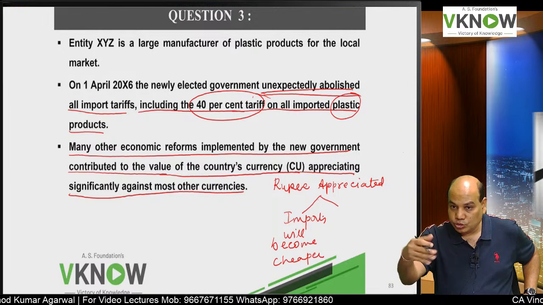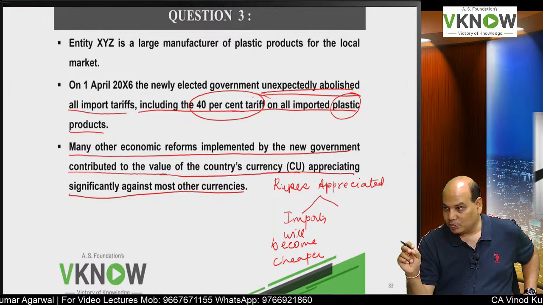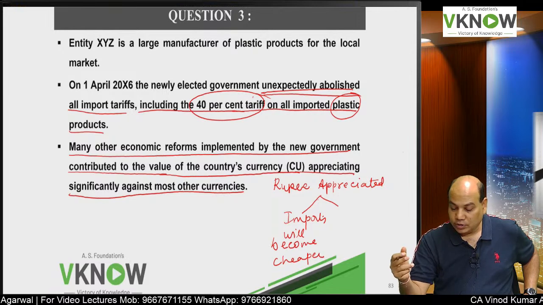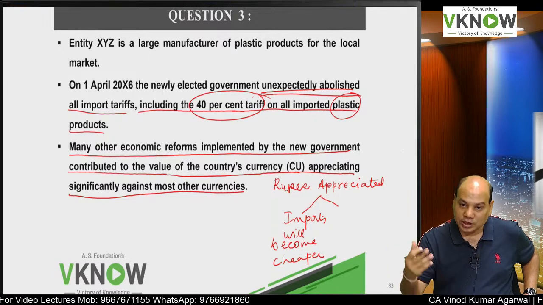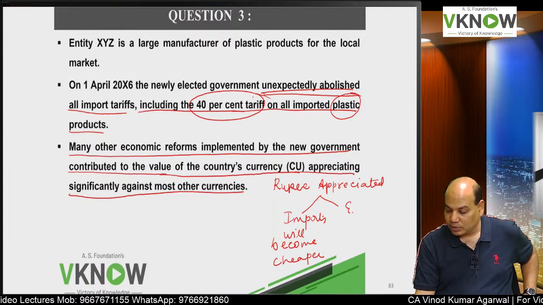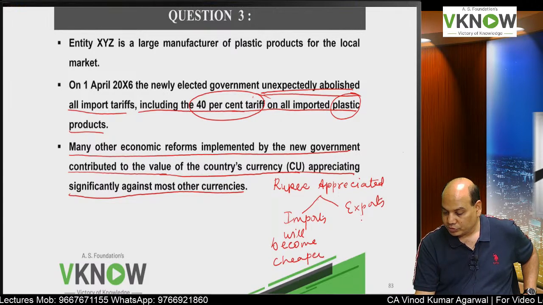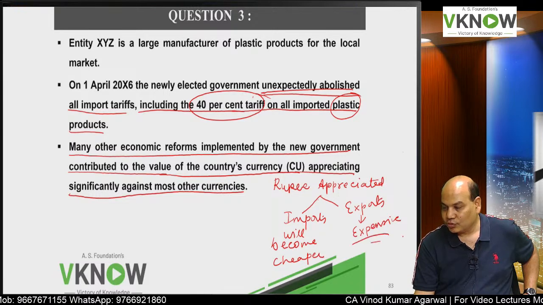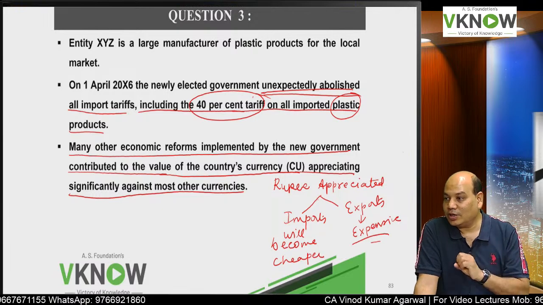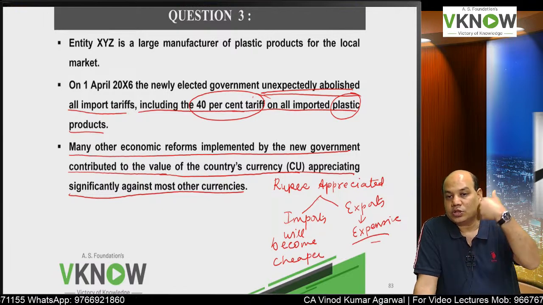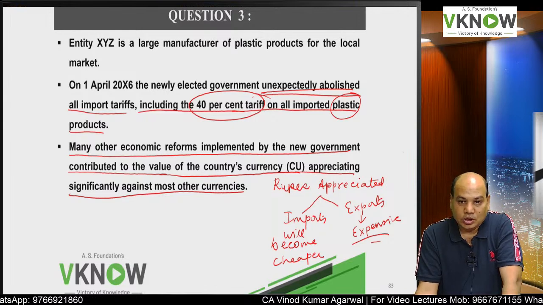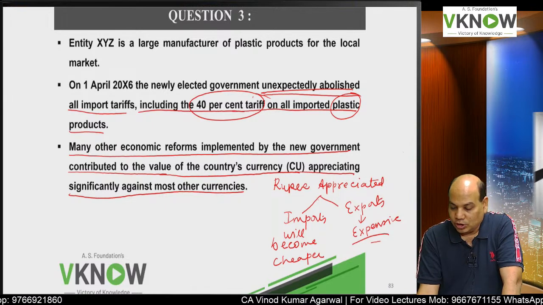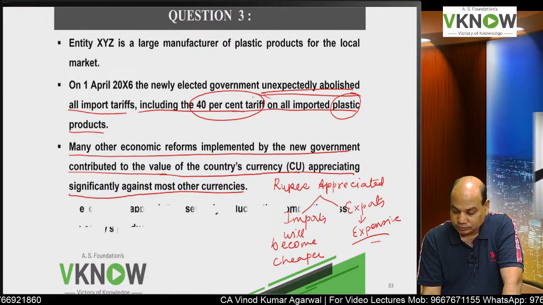On one hand, you have reduced the tariff, which will make the imported product cheaper. Even the rupee has started appreciating, which will further make it cheaper. And what will happen to your exports? Exports will become expensive for the foreign parties. So your imports in India will increase, but exports from India to other countries will decrease because of the appreciation in the rupee. Some knowledge of finance got involved here.